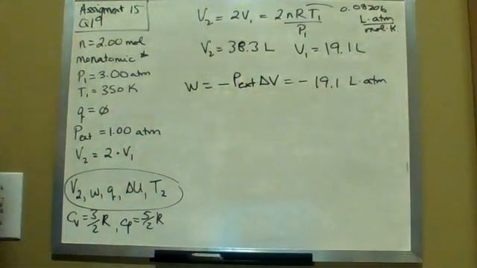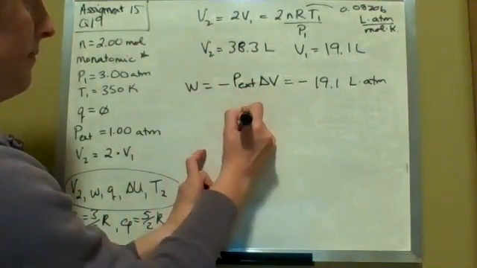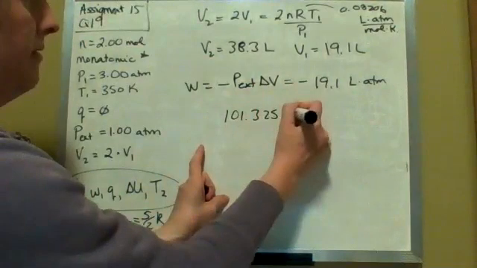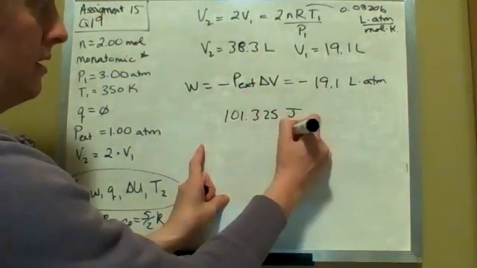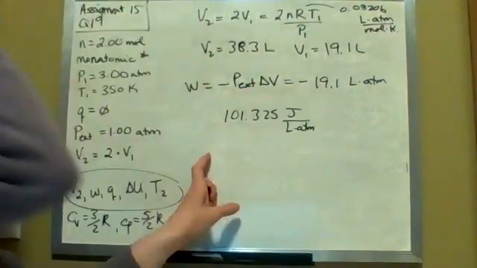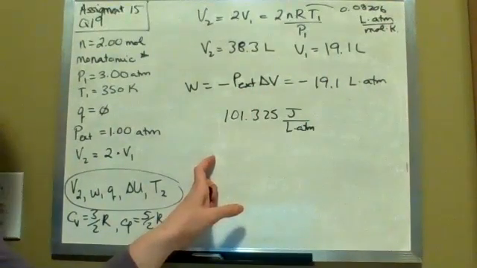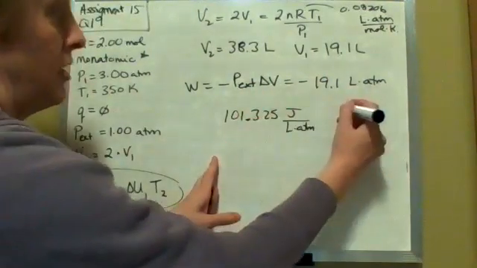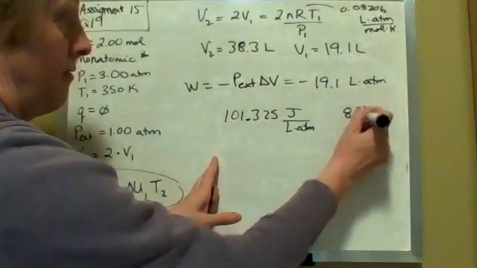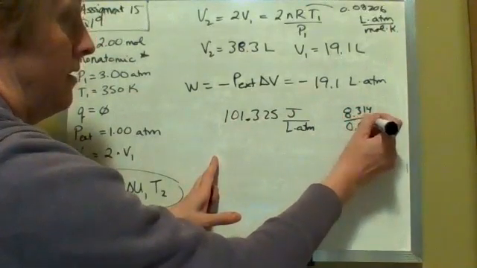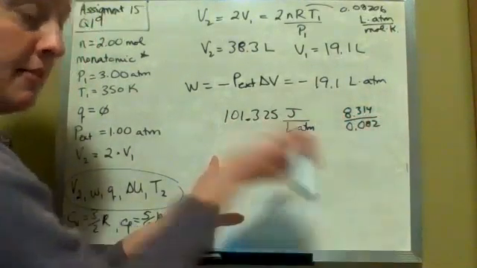Be really careful here, and remember how you have to switch from one to the other. And I gave you guys that constant, 101.325, that's joules per liter atmosphere. That can come from 2 different ways. You could have gotten that using your 8.314 over this, if you don't remember that.